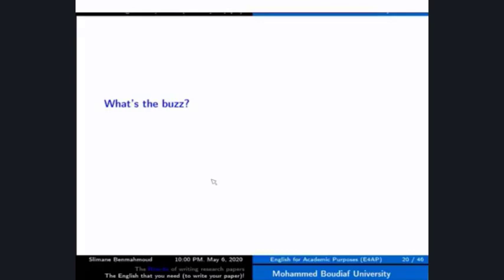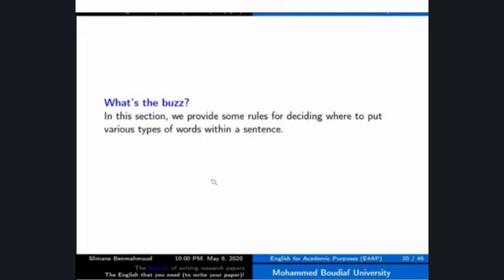Okay, what's the buzz here? What are people saying? Well, in this section, I'm going to provide some rules that will help you to decide where to put various types of words within a given sentence.